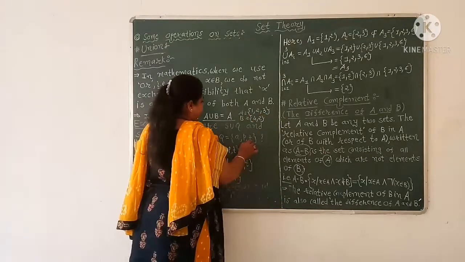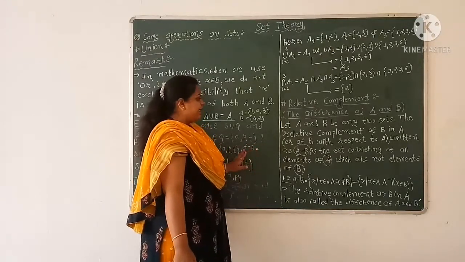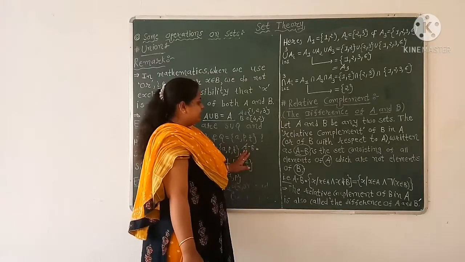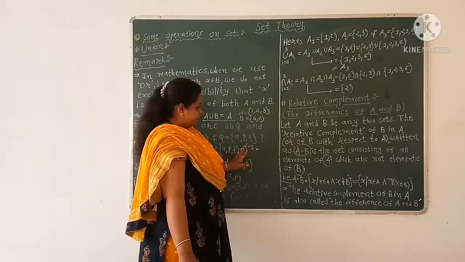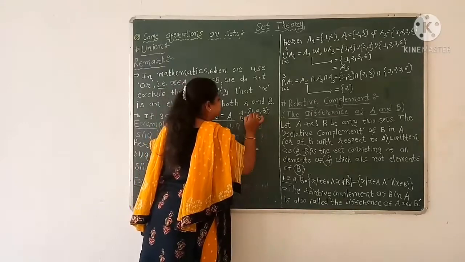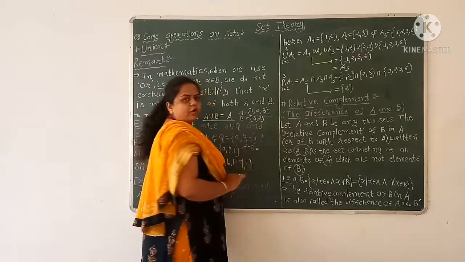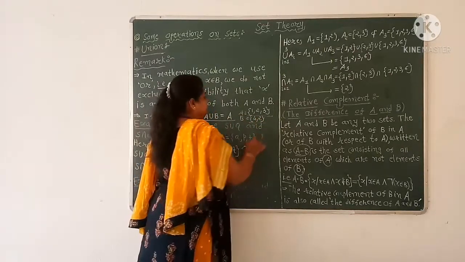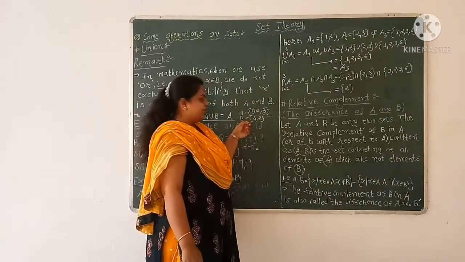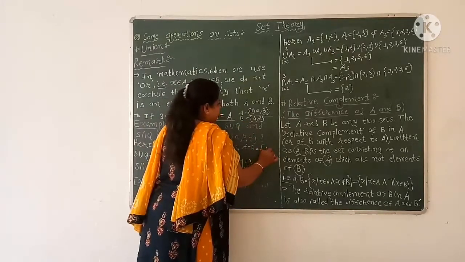So now A minus B, that is the relative complement of B in A, is equal to the set of elements which are in A but not in B. So here A is equal to set of 1, 2, 3 and B is equal to set of 4, 2. Here the elements 1 and 3 are in A but not in B. So A minus B is equal to set of 1, 3.